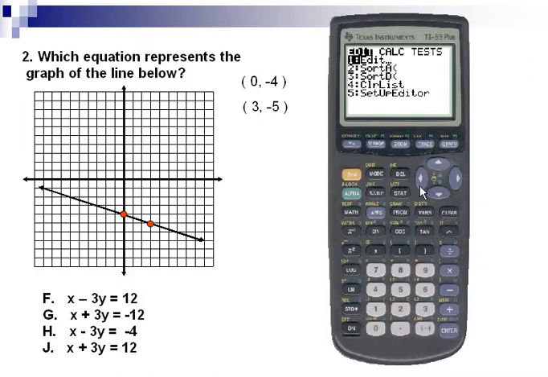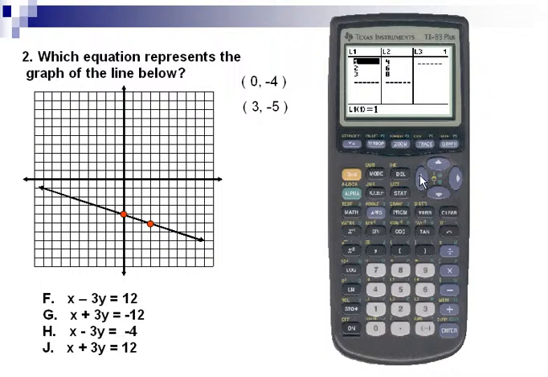We go to our stat key, edit. If you have something in your list, remember, go up to your list, clear, arrow down, go over, up, clear, arrow down.